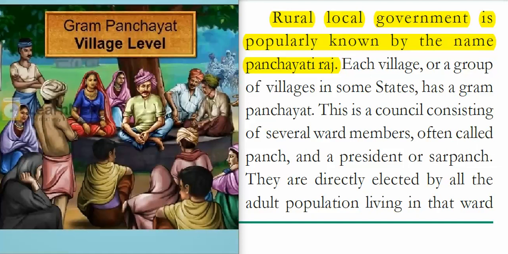Each village or a group of villages in some states has a Gram Panchayat. This is a council consisting of several ward members, generally called Panch, and a president, which is generally called Sarpanch. They are directly elected by all the adult population living in that ward and that village.